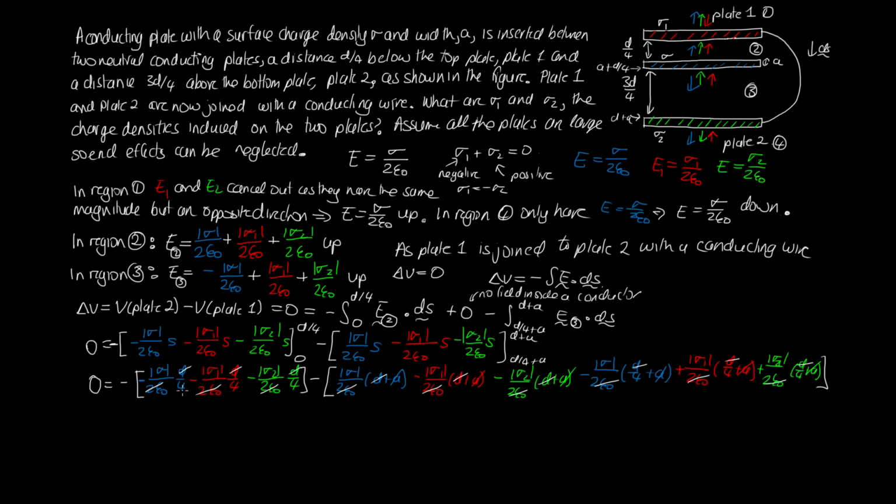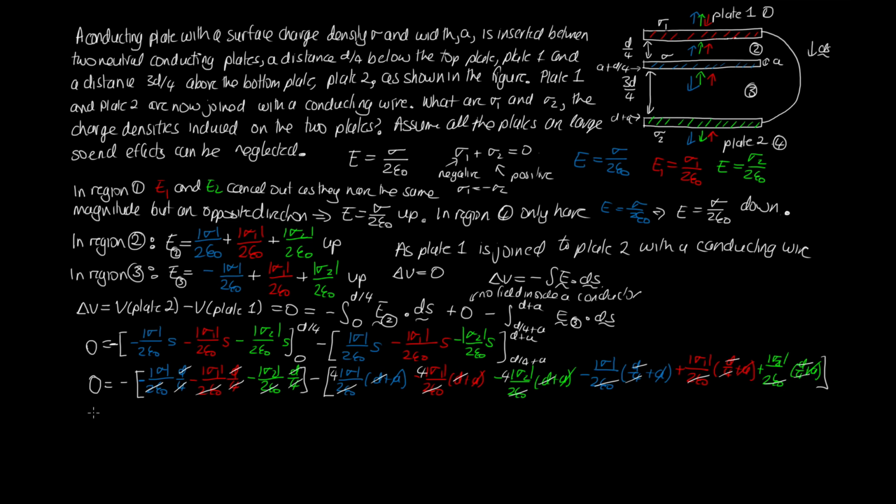Okay, the other thing I'd like to do is multiply everything through by 4 because we've got a lot of divides by 4s. So when we multiply this term by 4, that disappears, that will disappear, that will disappear. When we multiply this one by 4, we'll need to put a 4 in front. This one here will also have a 4 in front. This one here will have a 4 in front. But this one here's got a 4 down the bottom, so that will cancel, and that will cancel.